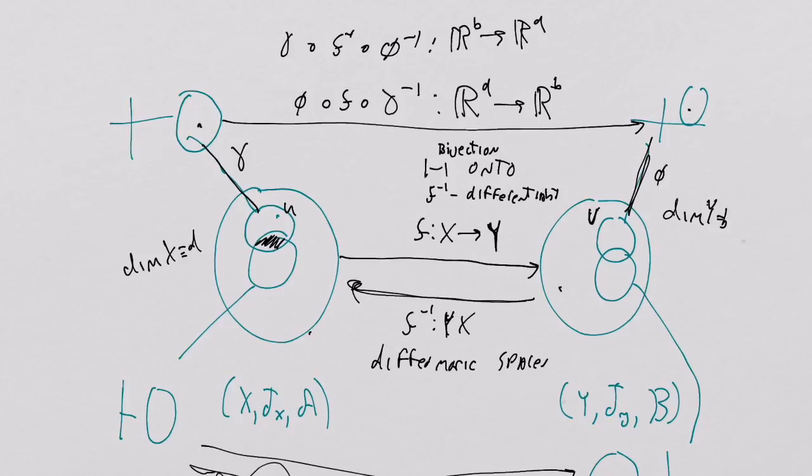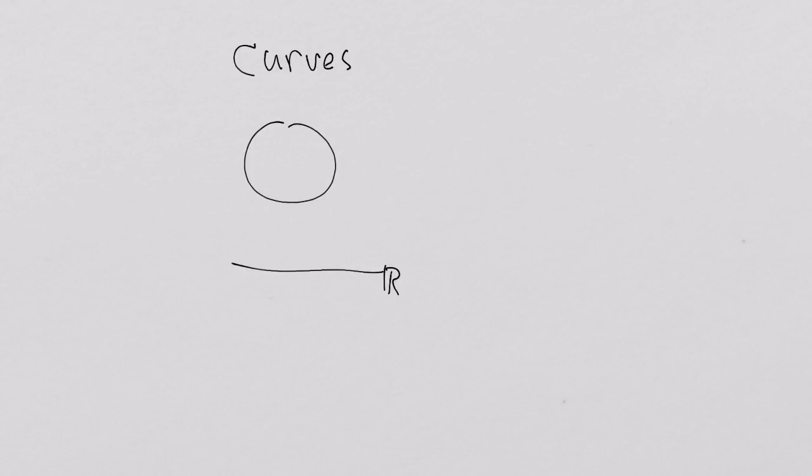Okay, so today we talked about curves, which were functions from the real line into the manifold, and we also made sure we understood that that was to be projected through the chart mapping into RD. So the curve comes from the real line, goes into the manifold, goes into RD. And now we can understand that the coordinates of these points, I can actually take the x-coordinates of these points.